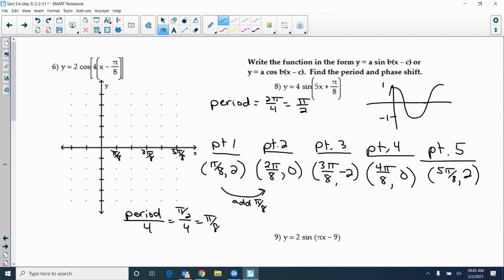So pi over 8, 2, 0, -2, 0, 2. Oh, I missed that one. Okay, and that's what it should look like.